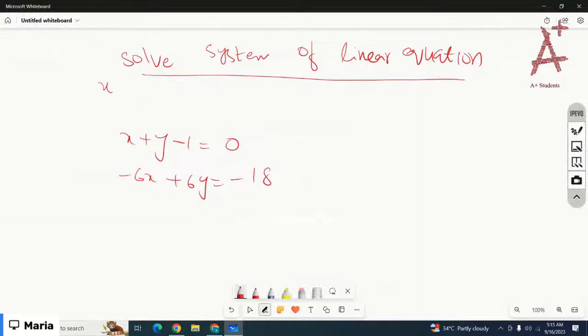So we have already done three of the ways in earlier grades. They are solving a system of equations using the elimination method, substitution method, and the graphing method. So which method are we going to use?